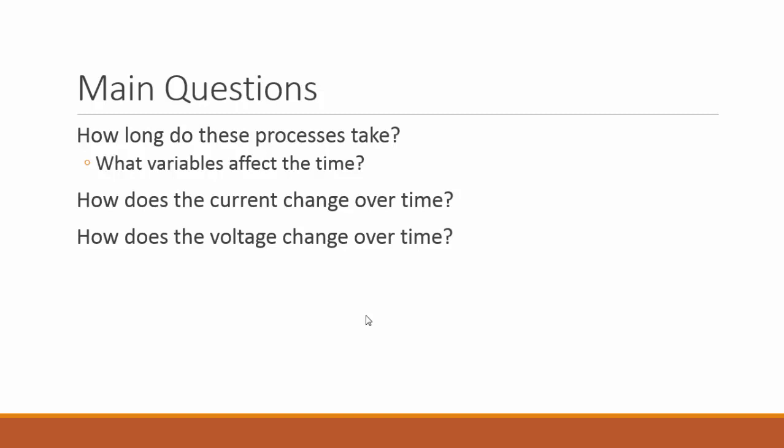Note that that's proportional to the voltage change, using the definition of capacitance, so knowing the voltage change is an easy step to find the charge. These are the main questions we're going to be asking, and in the next section we're going to start answering them.